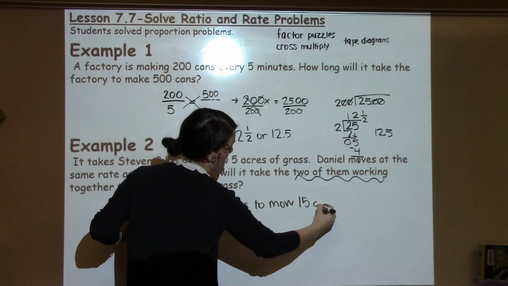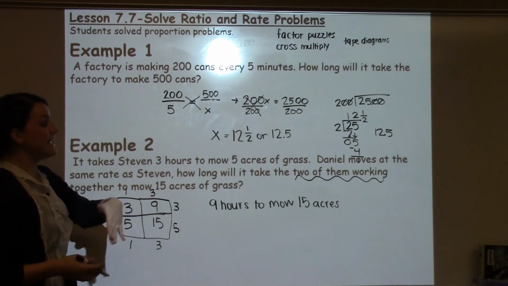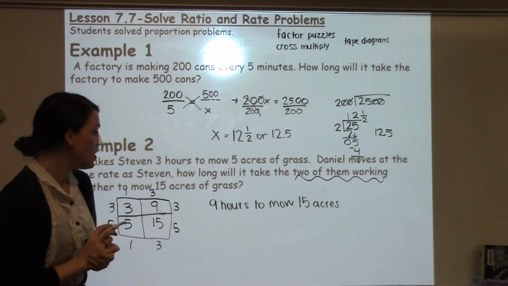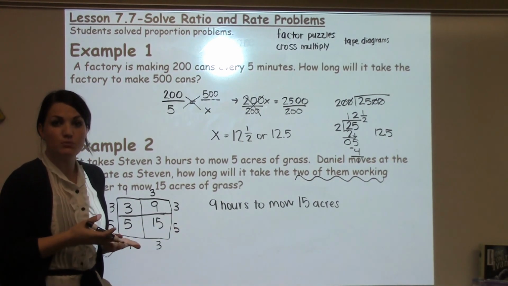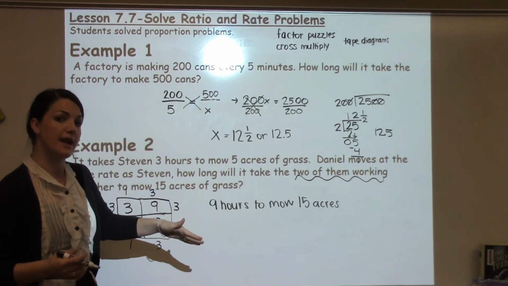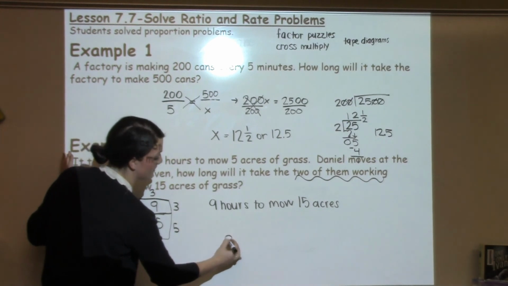But that's not what the question asks me. The question says, how long will it take the two of them working together to mow that 15 acres? Well, I know that if it takes one of them 9 hours, and I have two people that are working at the exact same rate, all I have to do is chop that 9 in half. And in math, when we chop something in half, it's just dividing by 2.